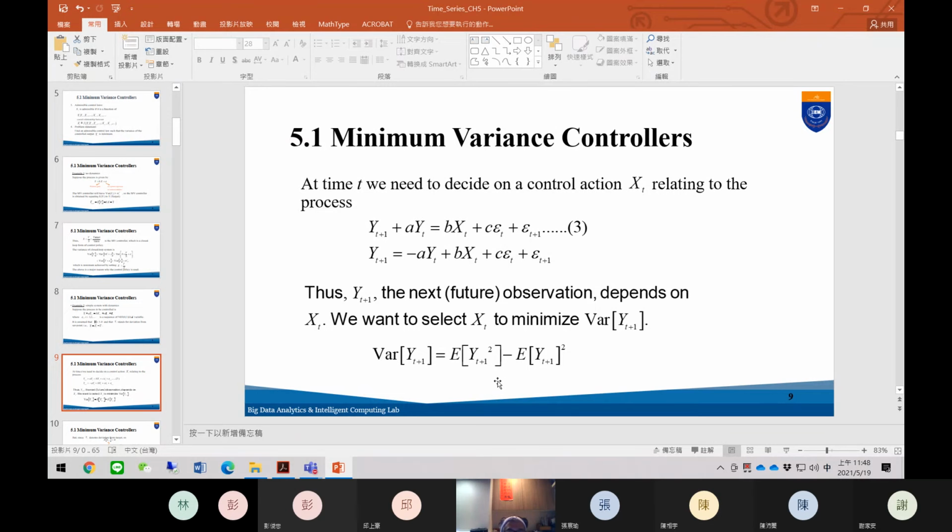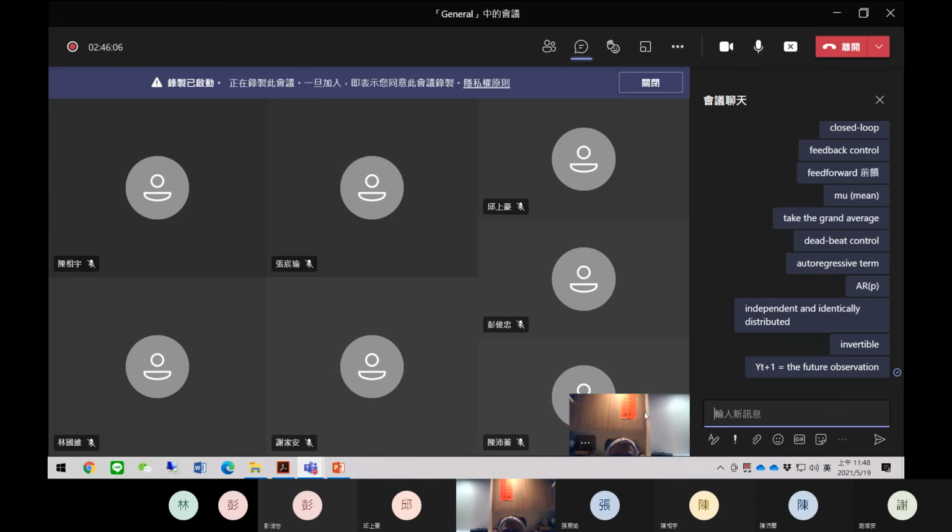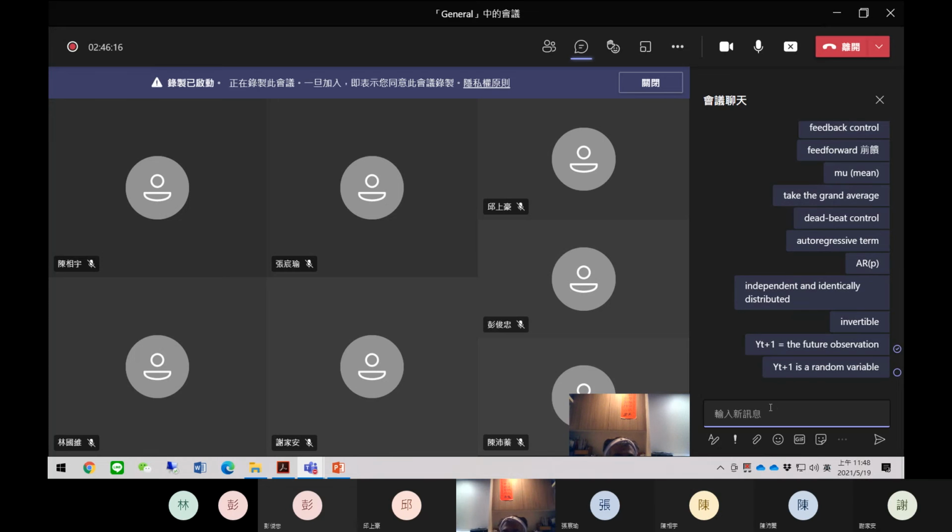The variance of Y_(t+1) equals the expected value. Since Y_(t+1) is a random variable, let me recap.